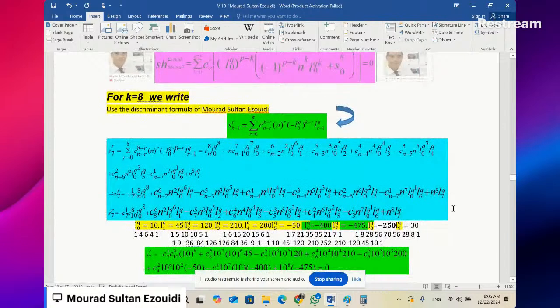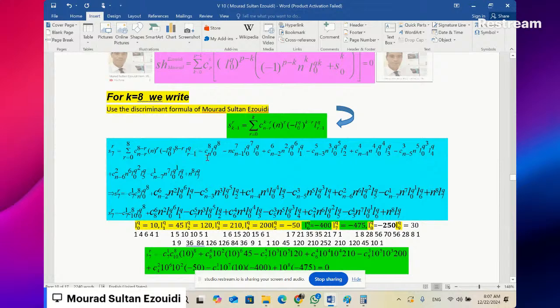Okay, to find now S7, we should put k equal 8 in the binomial formula of Mr. Mourad Sultan Ezouidi, that is colored with green. So I will write this as S7 equals the sum from r equals 0 to 8 of combination n minus r choose 8 minus r, n raised to the power r, times 0.2 raised to the power 8 minus r times the parenthesis.